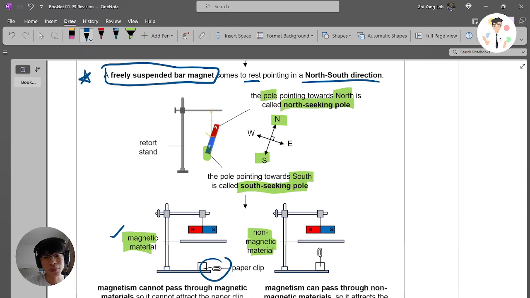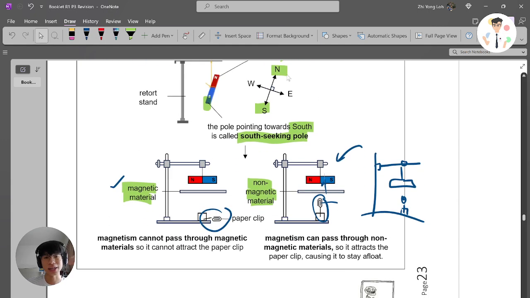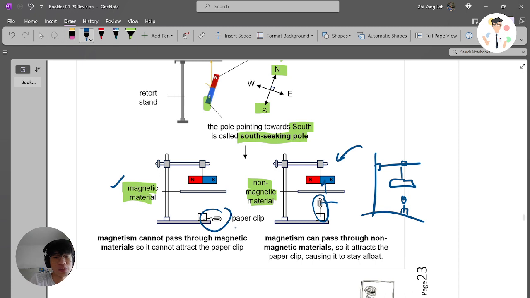But if they put in non-magnetic material, it will be attracted. Why? Because the magnetic material is attracted by the magnet. Now, what if I draw another retort stand with the magnet and I don't put anything here? Will it be attracted? Yes, it will be attracted just like this one. Then what actually causes it to not be attracted, that it will fall?